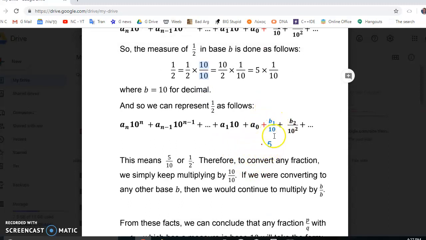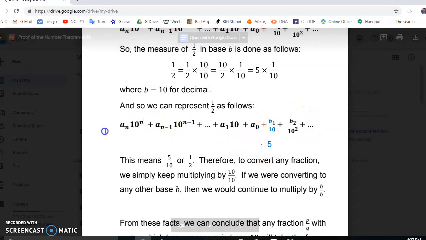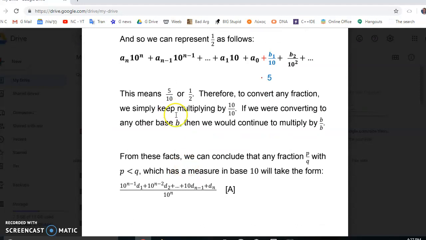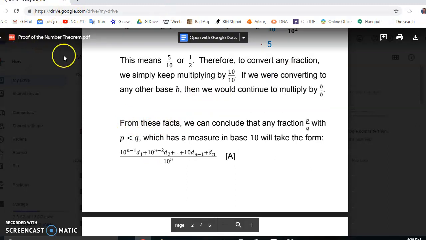So you don't even need zeros if you're carrying this template around with you. This is the radix template, okay? This means 5 tenths or 1/2. Therefore, to convert any fraction, you simply keep multiplying by 10 over 10, and you will find, if it's measurable, you will find a finite representation in that base.